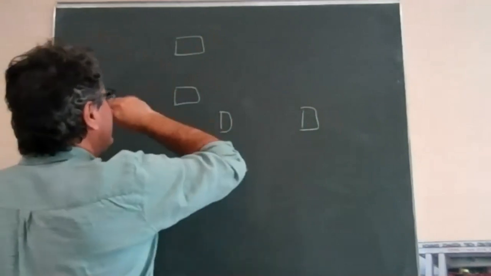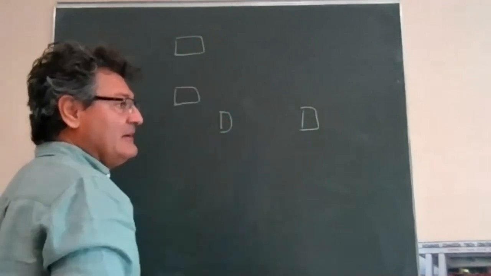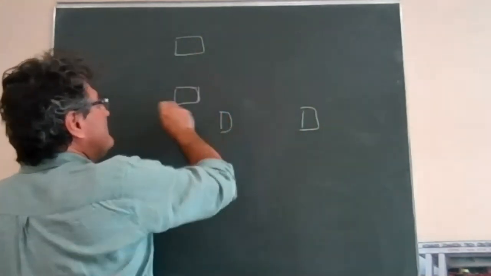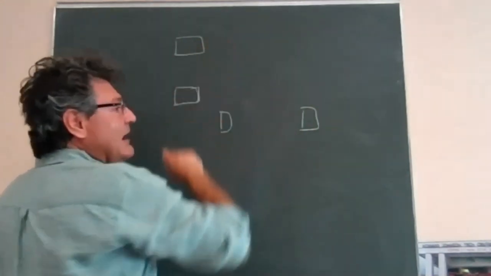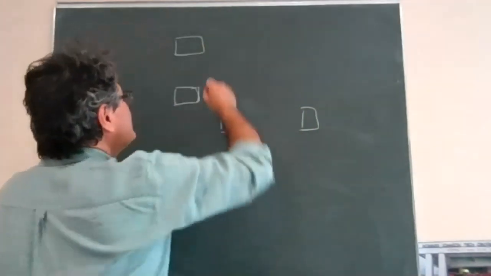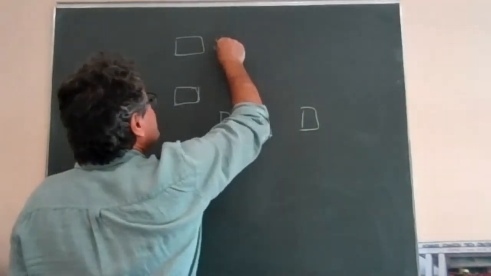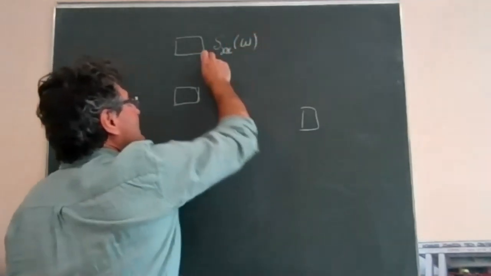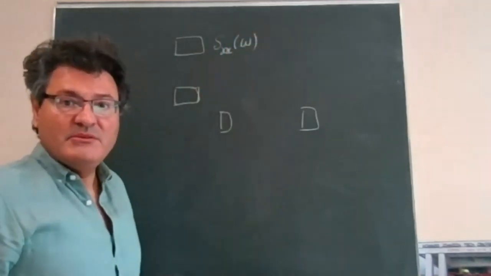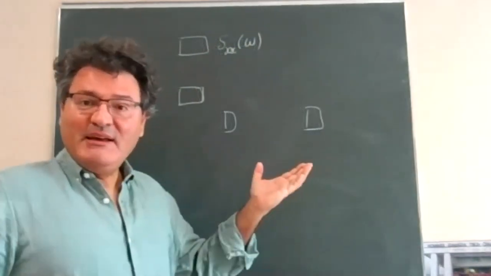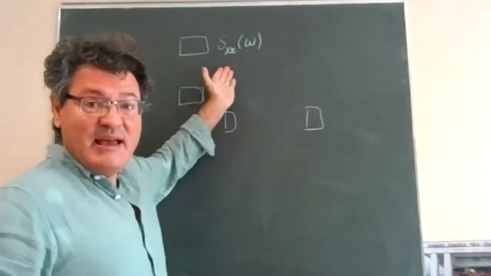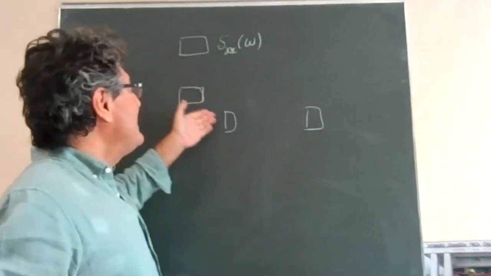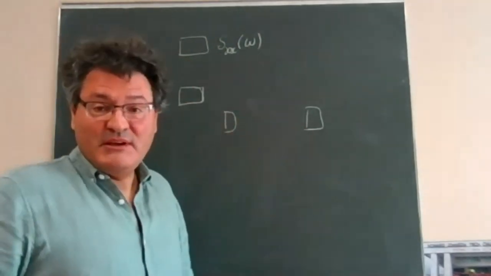So we can imagine that each mirror produces a power spectral density of noise, S_xx as a function of omega. So here S_xx is the power spectral density that characterizes each of the mirrors.